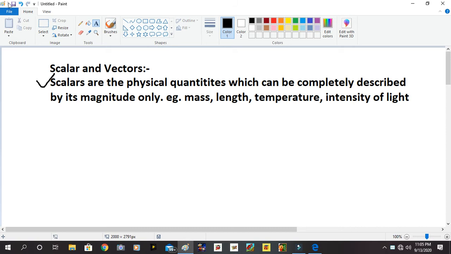For example, in 10th standard you have learned that when a current is passing through any circular coil, a magnetic field is generated around that coil, or when current is passing through any conductor, then a magnetic field is generated around the conductor. Suppose current I flows in an upward direction. So here a magnetic field is produced.